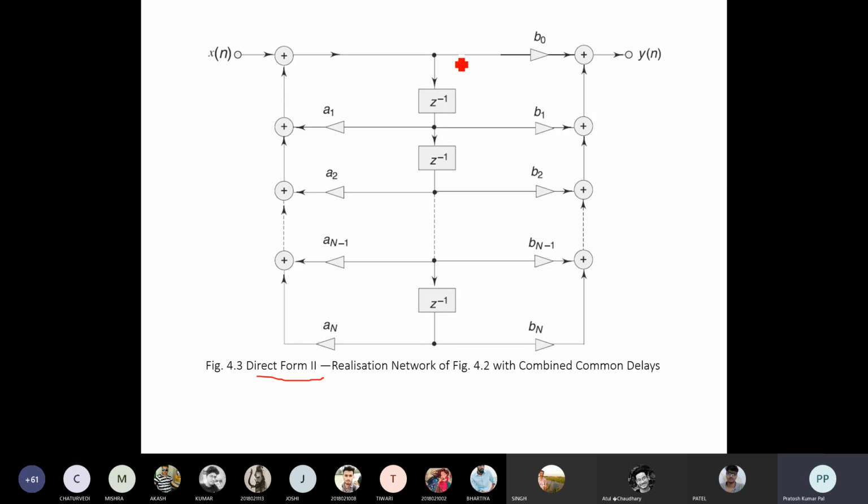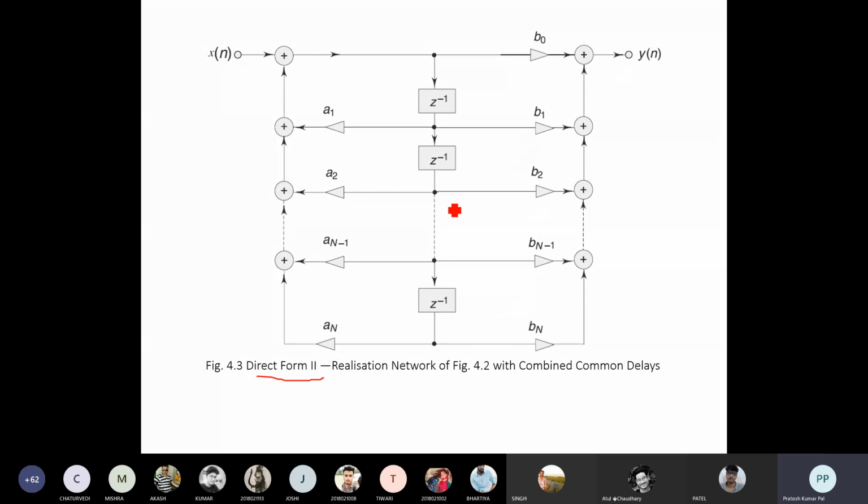So here we will be requiring only n delay functions. So here we are reducing the number of hardware elements required, and also reducing the time consumption, or we can say we can minimize the time. And once we reduce the number of hardware elements, we are reducing the complexity.